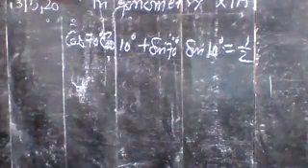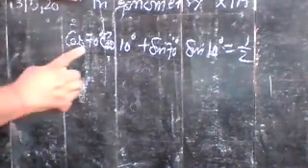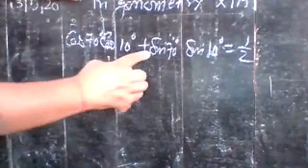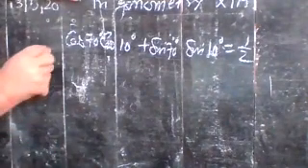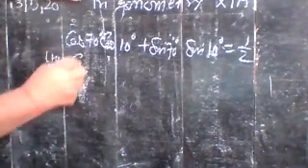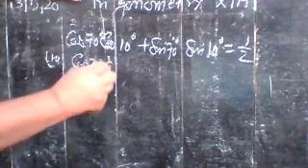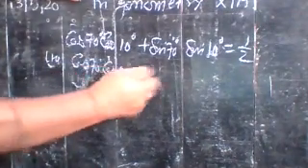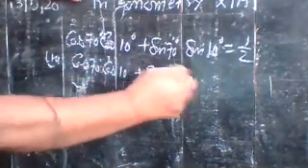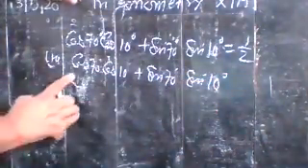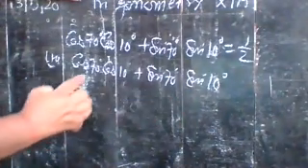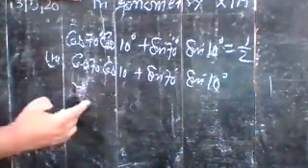Here you have to prove it. Take the left side: cos 70° cos 10° plus sin 70° sin 10°. And if you see, that side is complete, just like an identity.